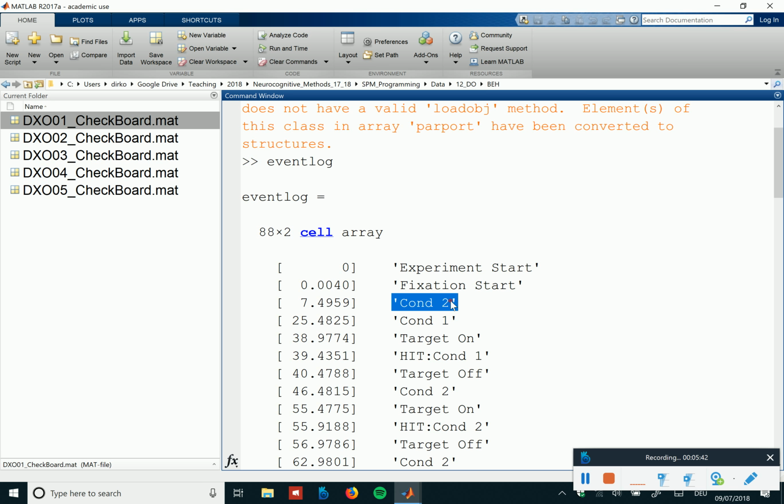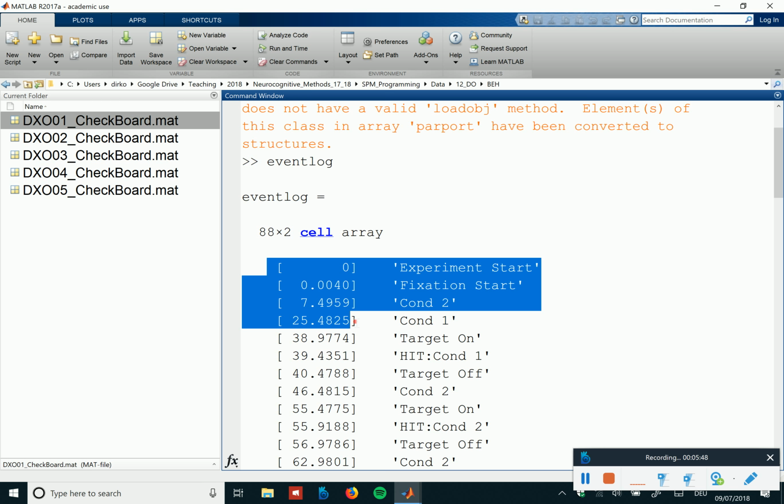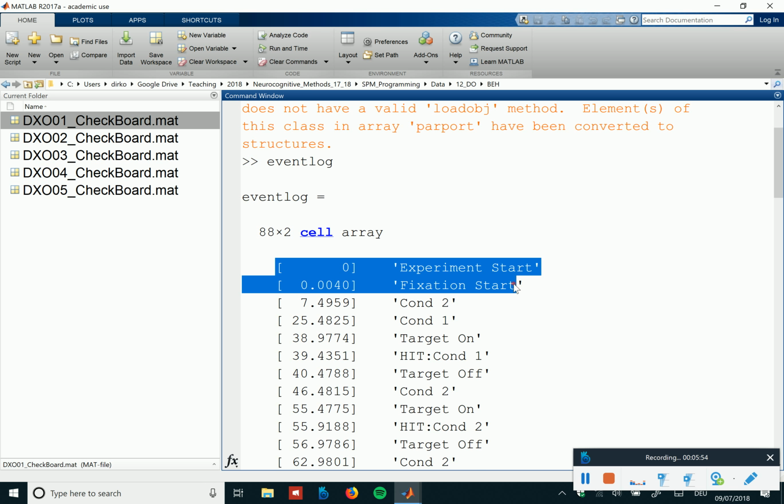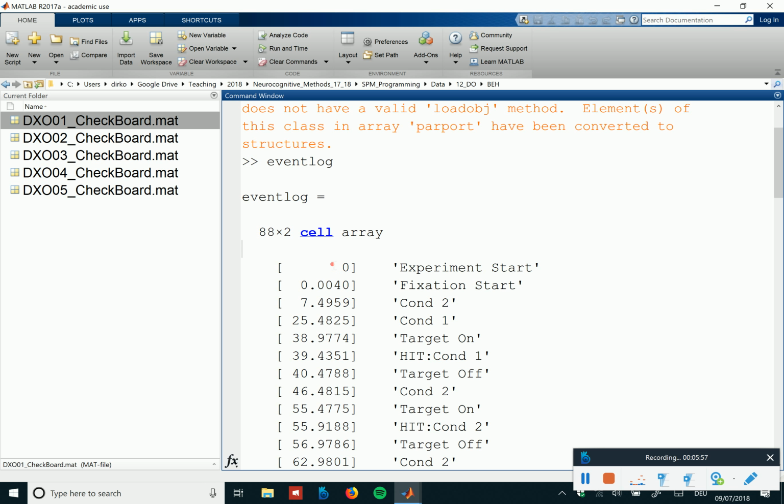Of course one needs to know this, and the BIDS format for event logs, or for events, is essentially the same as this. It's just a little bit more standardized. For example, I don't know actually whether the onset times are in the first column and then the explanation is in the second column, or the other way around, I don't know right now. But the format of BIDS for fMRI events is really, really close to that.